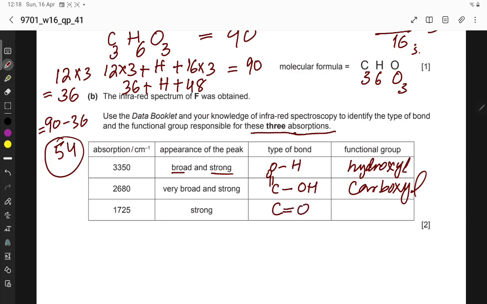We will look at the data booklet. So at 1720, the strong peak is of C=O, and the very broad and strong peak of C=O and OH is the carboxyl, and only a hydroxyl peak is present at 3350. So this is the carbonyl peak.